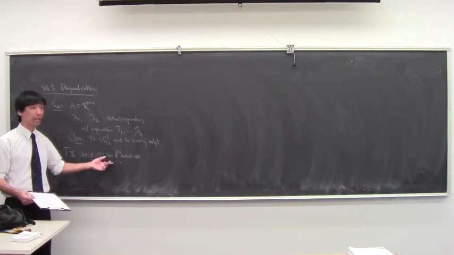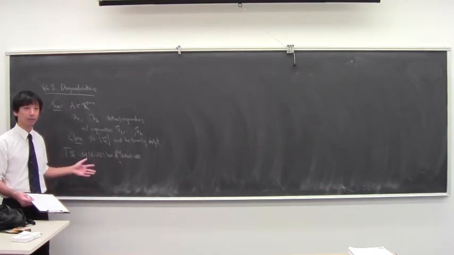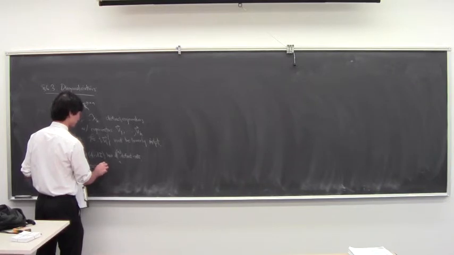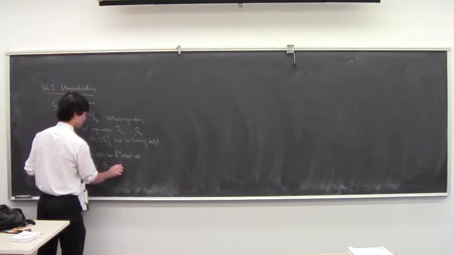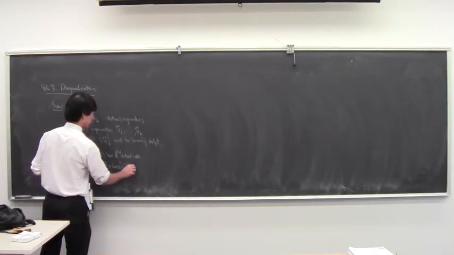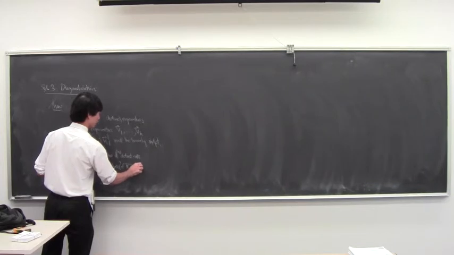In other words, you would have an eigenvector basis. You would have a basis of eigenvectors. There exists a basis of Rn of eigenvectors of A.